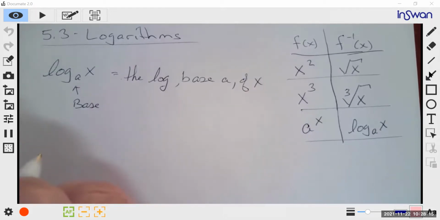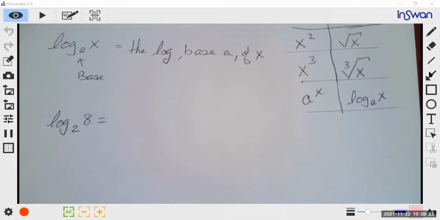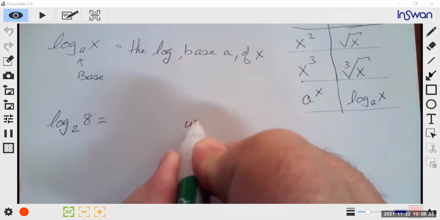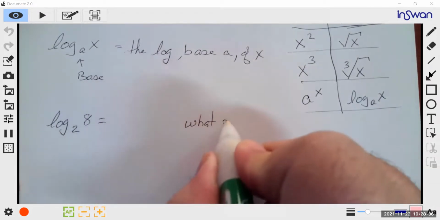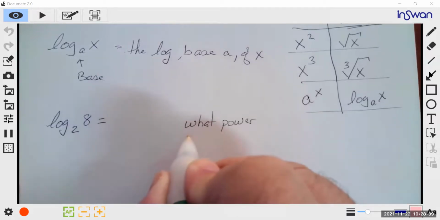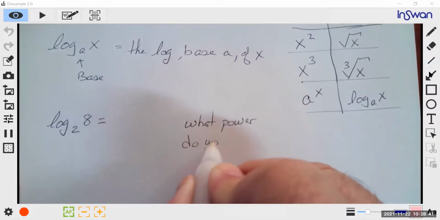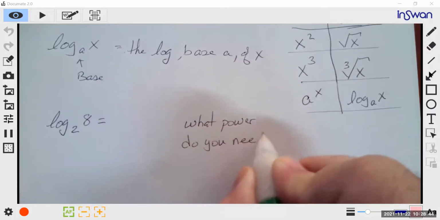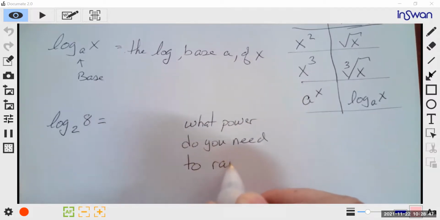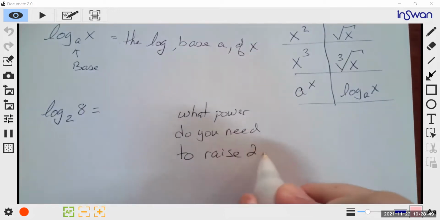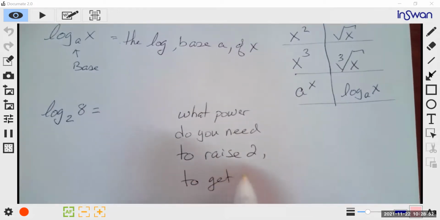Basically, what this says is this. Log base 2 of 8. What it says here is this. The logarithm means this: what power do you need to raise 2 to get 8?